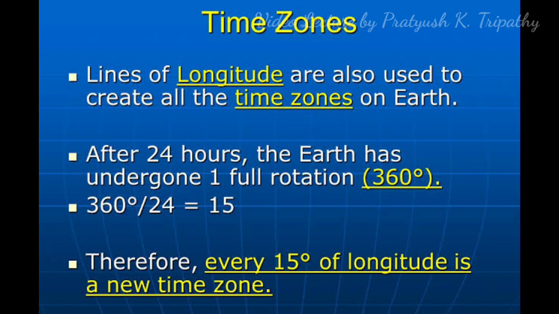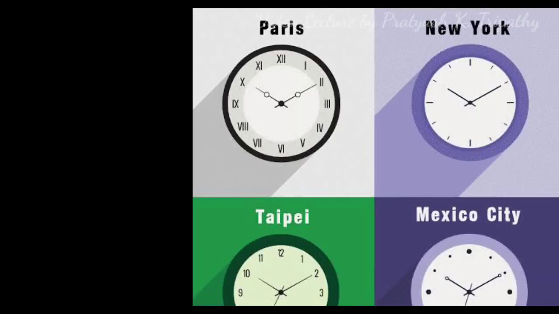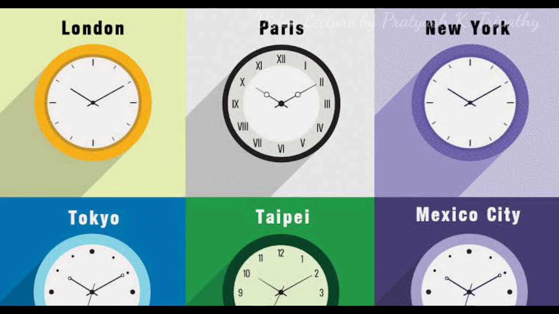Therefore, one can say the sun is overhead each meridian after 4 minutes. It is noon at all places on the longitude when the sun is overhead, and it is also known as the local time of that longitude. So, the local time of a place can be calculated if we know the longitude of the place.